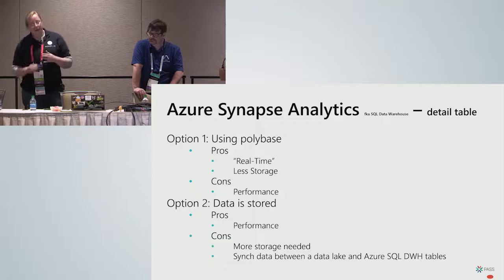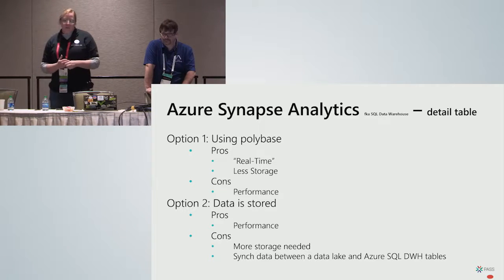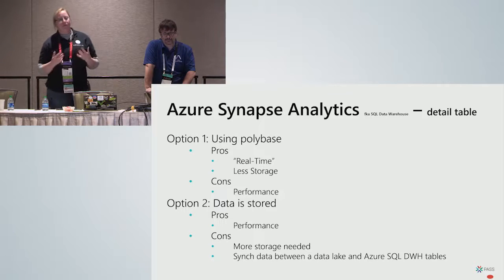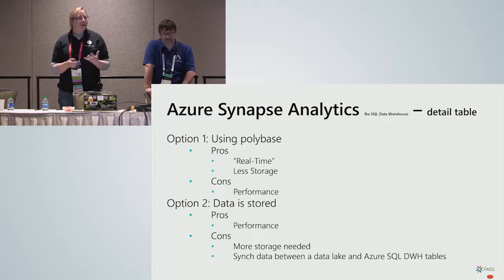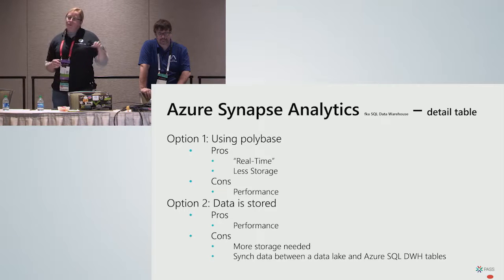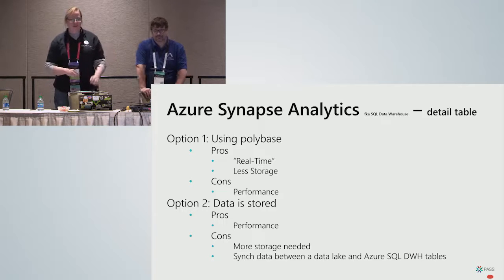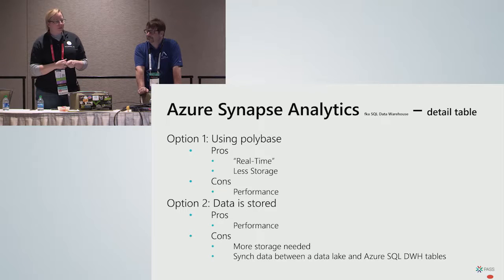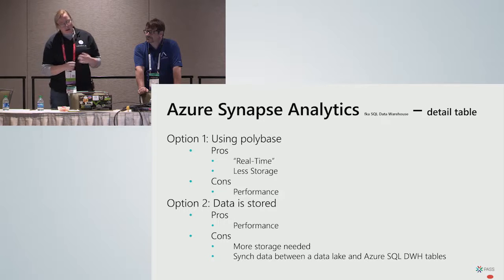I'm sorry. So if you're using Azure SQL DW for your detail table, there are 2 options, as I already mentioned. The first option is to use this Polybase approach with external tables. That would, for example, allow you to keep your data residing in your original, even far away, data sources, but to provide a relational data warehouse-like structure on top with those external tables, and to use this just to mask the way you're accessing the data.